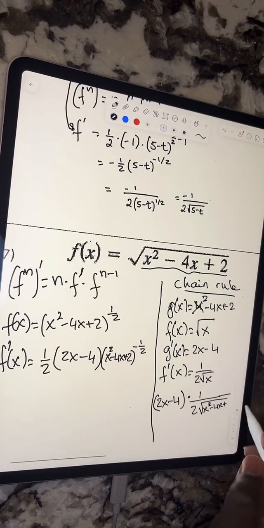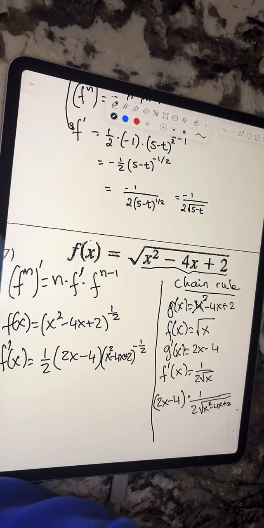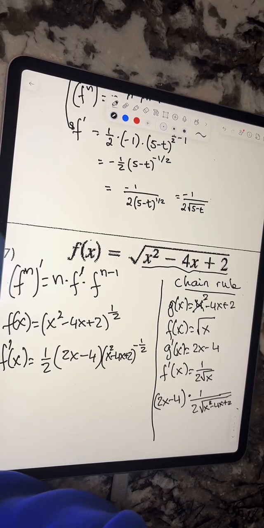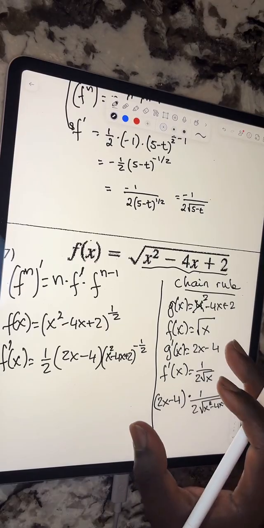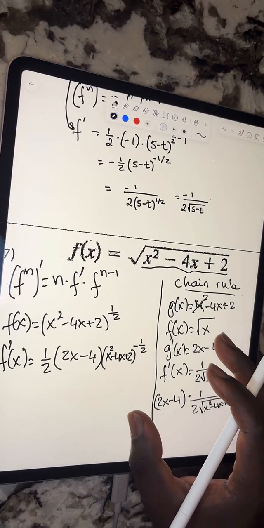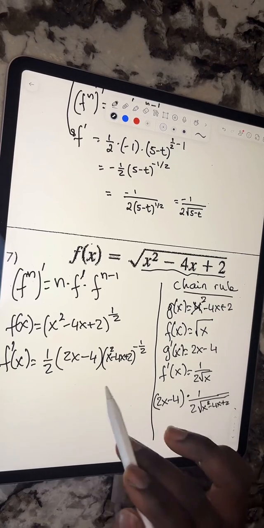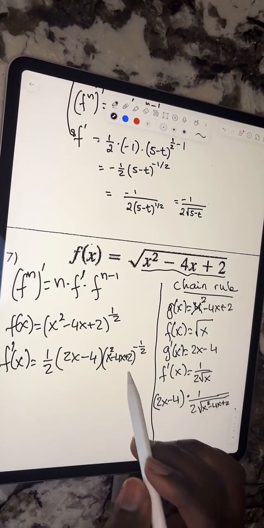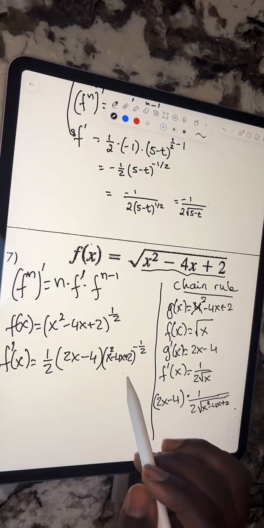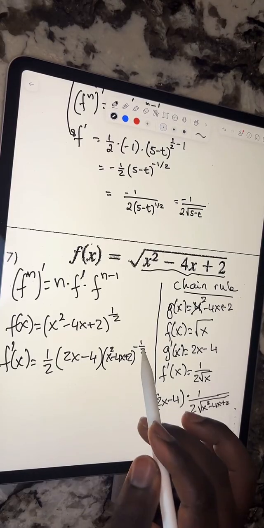So guys, looking at this, it seems like we got two different answers, right? But we have the same answer. Do you now see? Because someone may think that we got two different answers, but no, we don't. Because I can rewrite this to get this. It's to the power of negative 1/2.